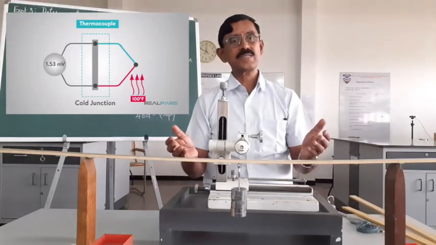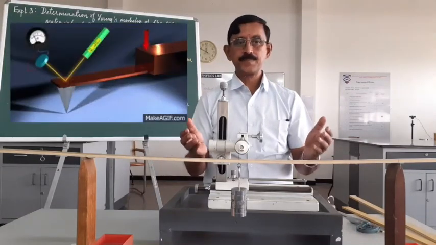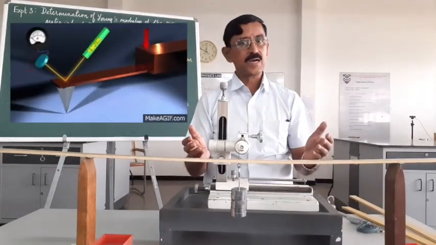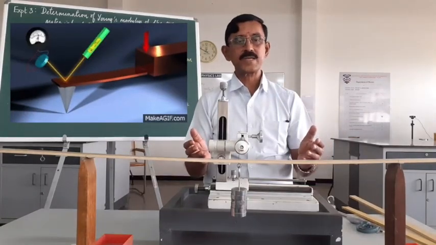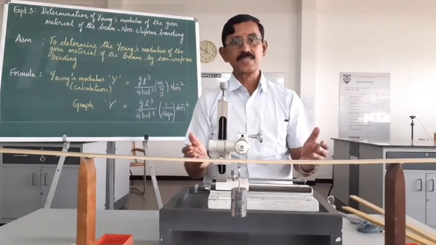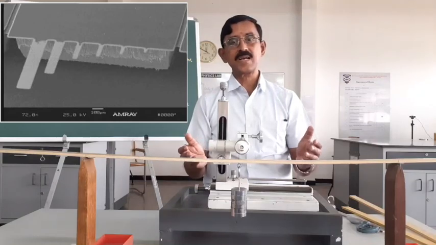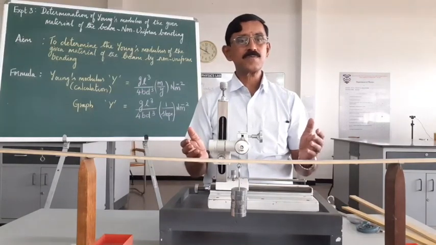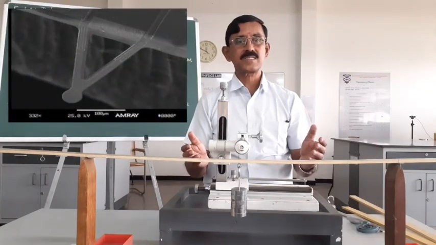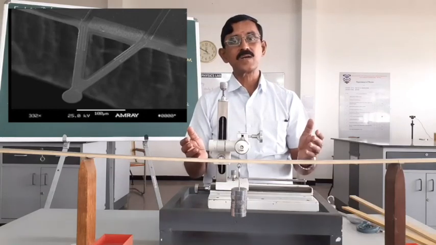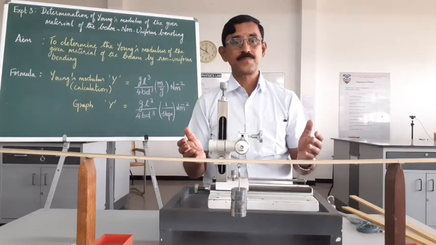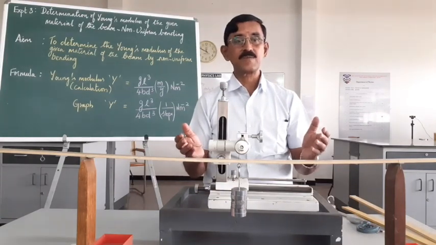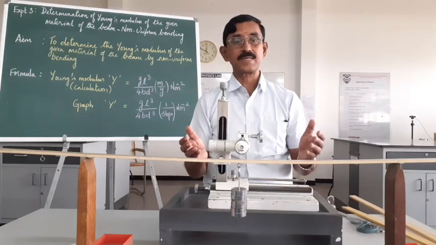A thermocouple is a sensor. Flexible micro cantilevers are used in atomic force microscopes, diagnostic transducers, chemical sensor arrays where an external force or intrinsic stress causes the cantilever to flex or bend. So these are the areas where we use flexible micro cantilevers.